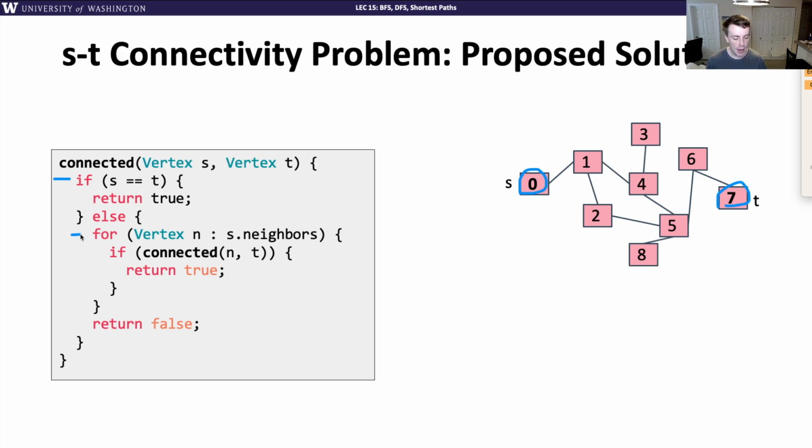I'm going to assume I have some kind of notion of neighbors. One thing I should mention is that this is pseudocode, so we're going to assume that the structure we're providing makes it really easy to find the neighbors of a particular node.